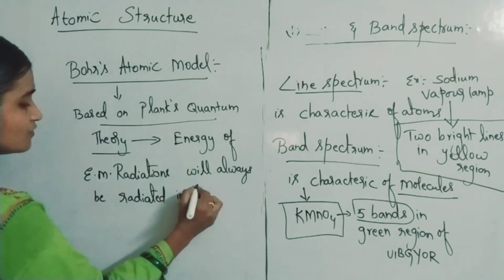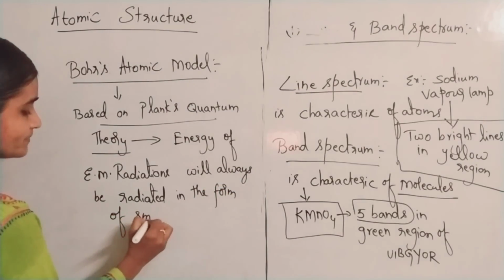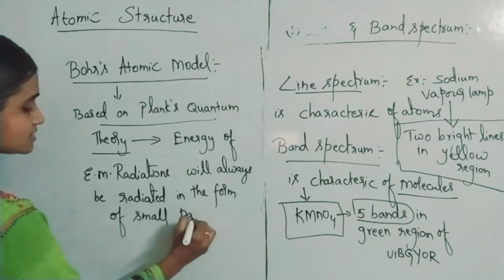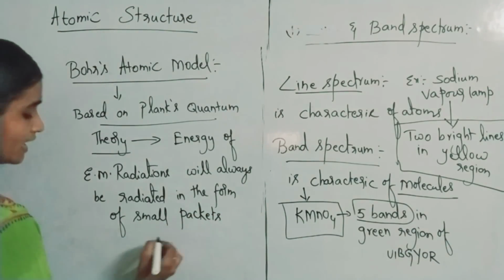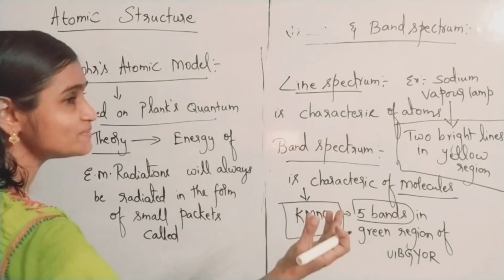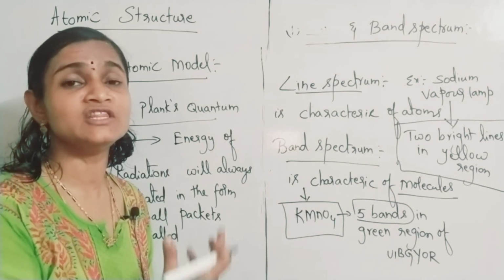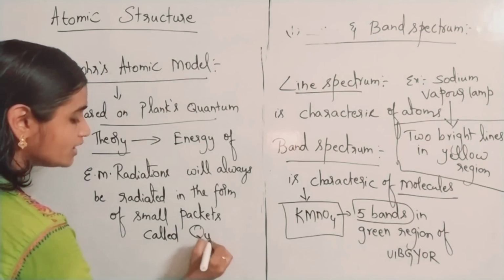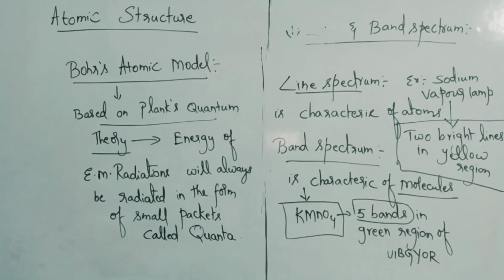This is what Max Planck told. He was telling about energy radiations, how energy is getting radiated and transmitted from one place to another. He said it will be transmitted in the form of small packets called quanta. So this is theoretically what he said.